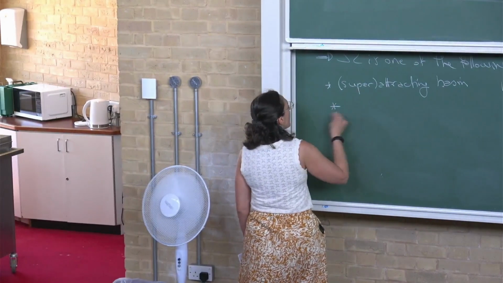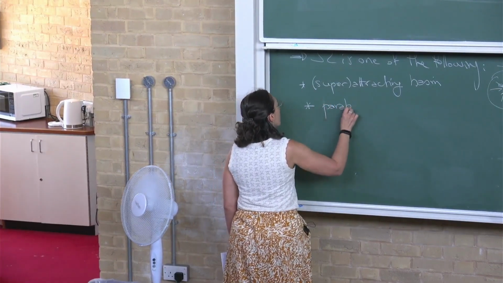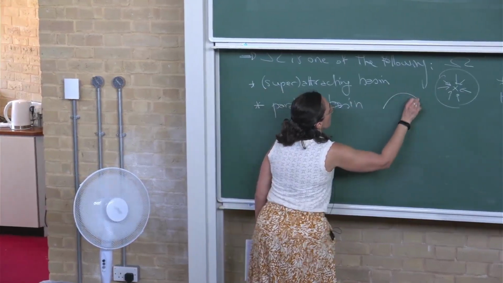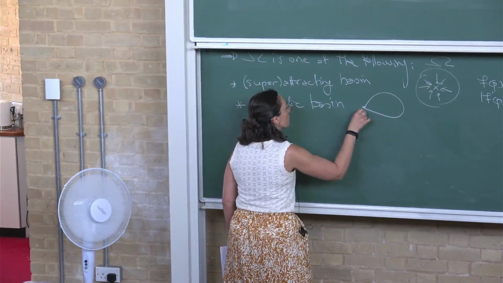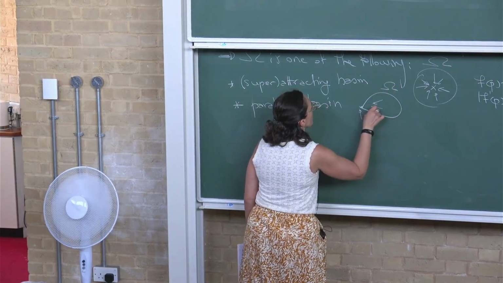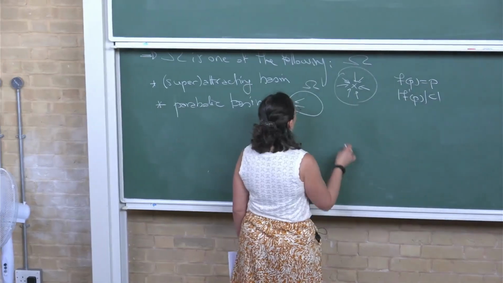Or you're going to have a parabolic basin, meaning that, this time, the fixed point is on the boundary of the domain omega, and everybody is going to converge to this fixed point in some very good way.